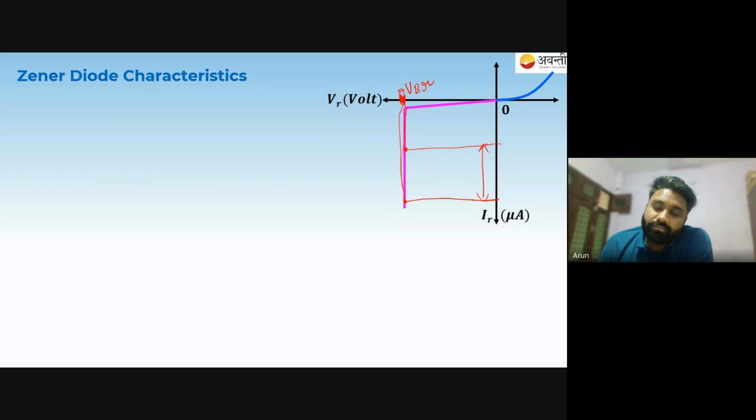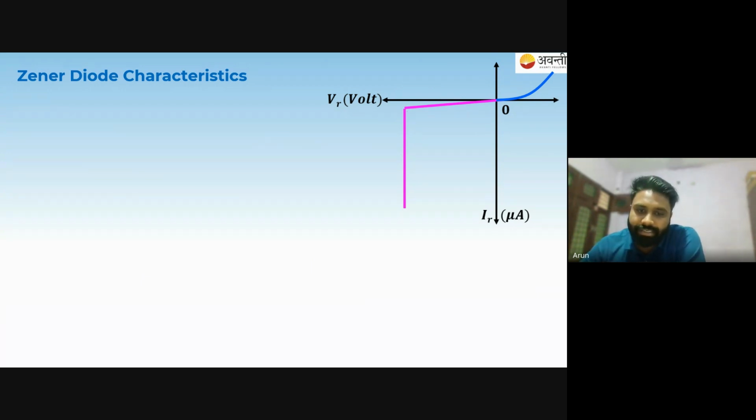So for a very high change of current, the voltage will remain constant. That is why we are able to use this device, the Zener diode, as a voltage regulator. Because if in our circuit the value of current increases so much, what is the problem? We install a Zener diode, the maximum amount of the current it will take itself and the circuit will remain unaffected. Okay.